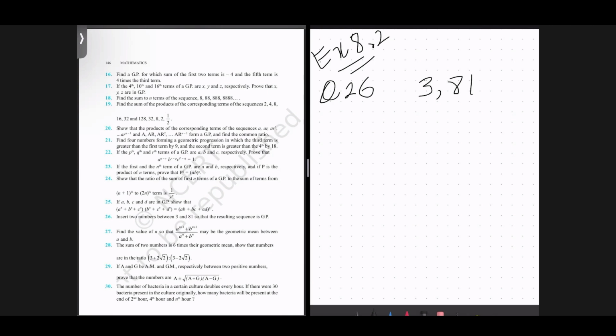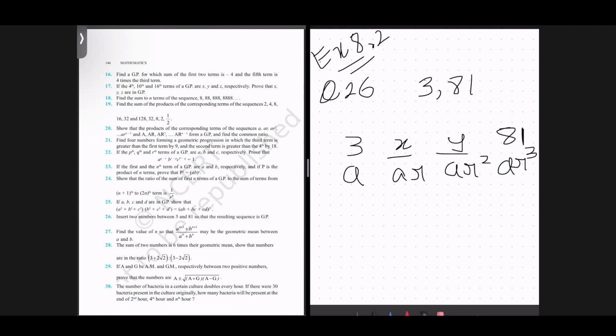Let us say that 3 is the first term of my GP. Let us note that by A. So the next term of my GP, let's say X, would be AR. Y, another term in this GP itself, is going to be AR square, and 81 is going to be the fourth term in this GP, AR cube.